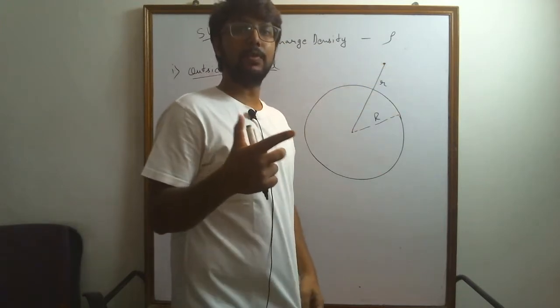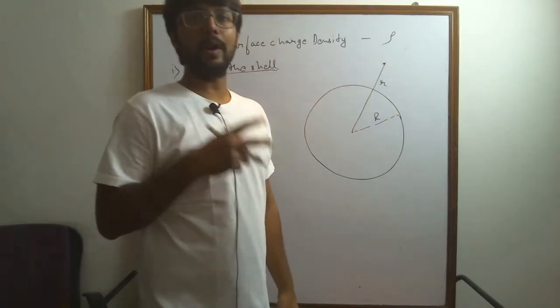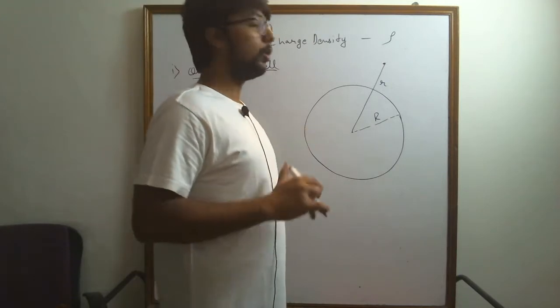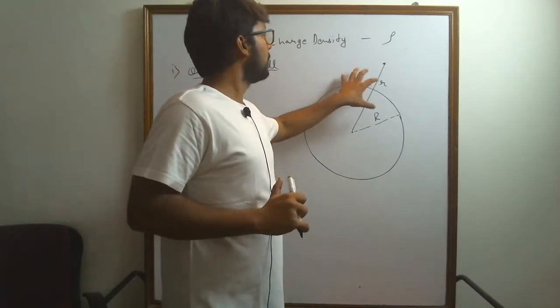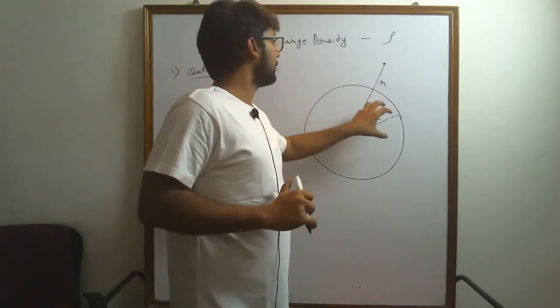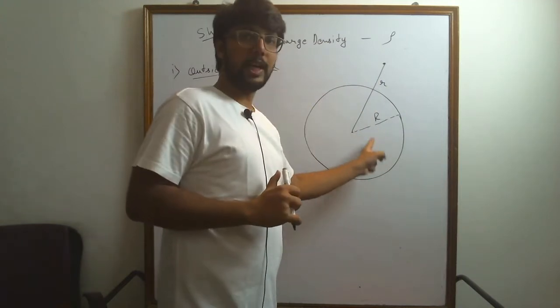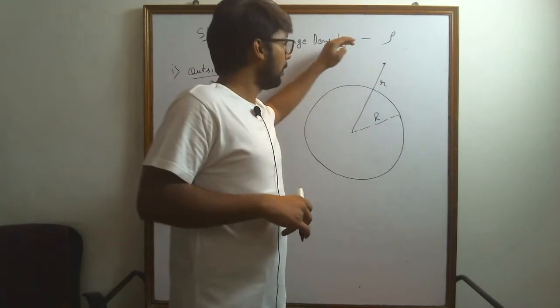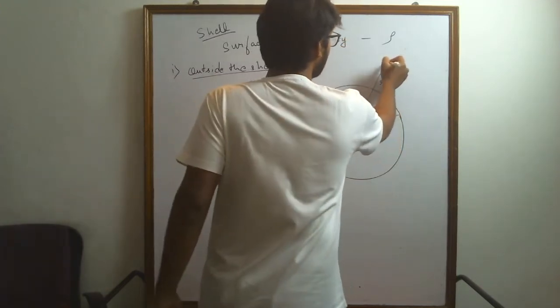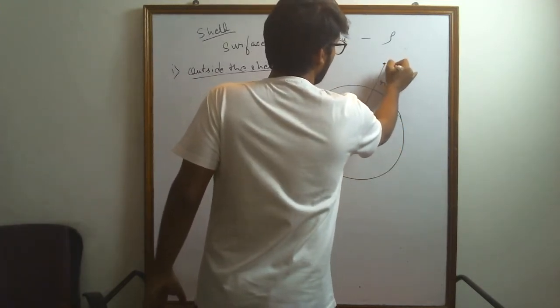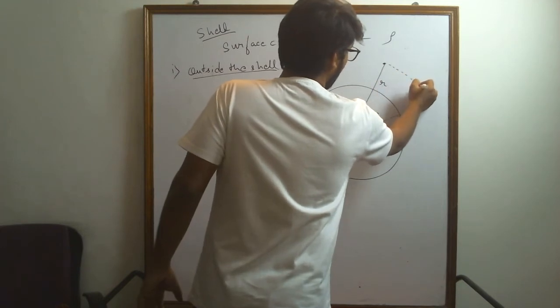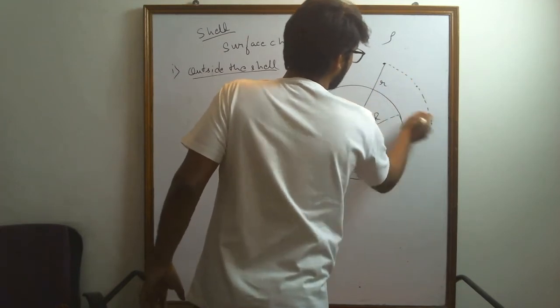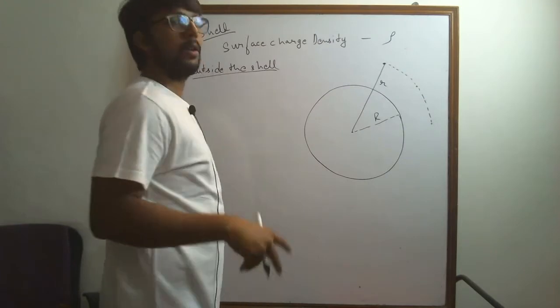Why am I taking a sphere and not a cylinder or a cube or a cuboid? Because I want to see the effect of the entire shell at this point, and the electric field at this point and at this point and at this point at equal distances from the center will be equal.